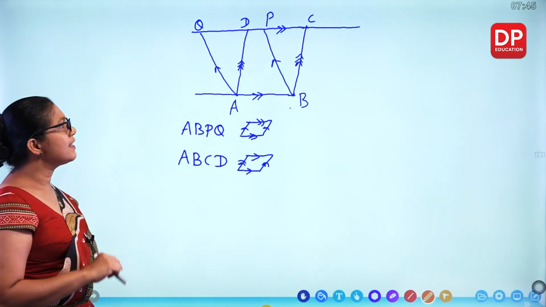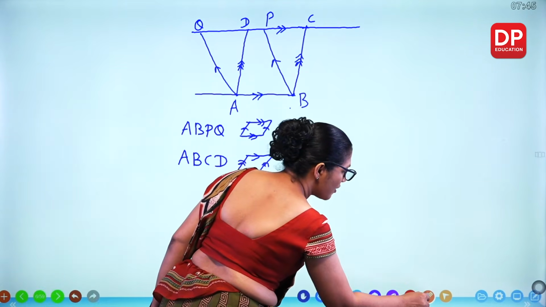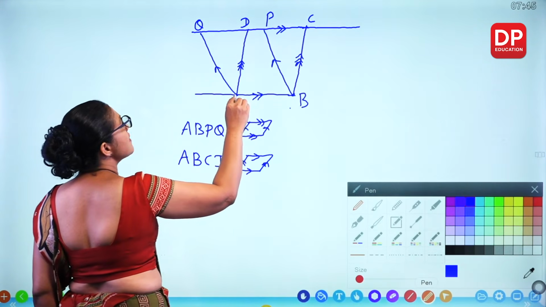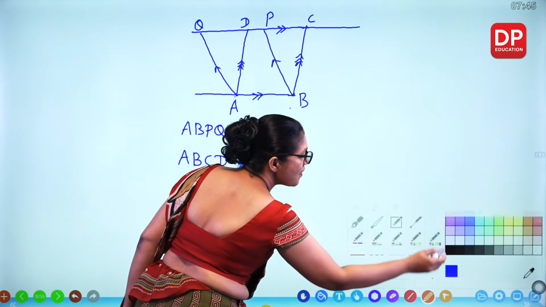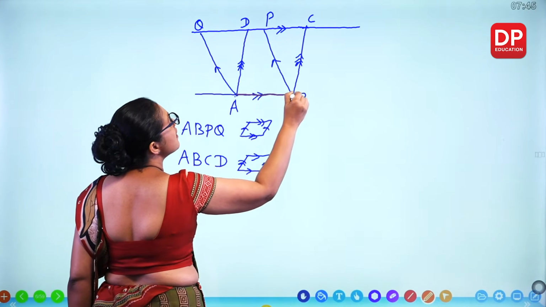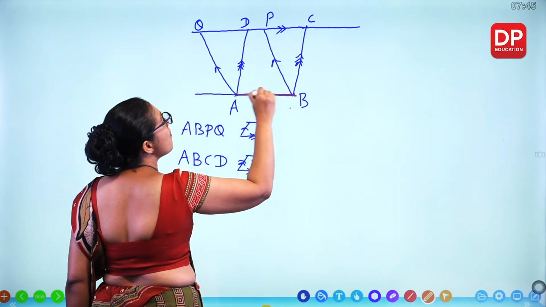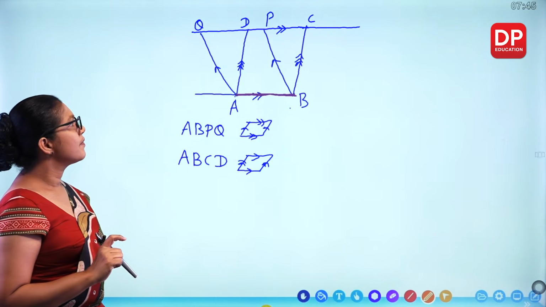And what's the important thing we see? Both parallelograms have the same base. So I'll draw in another color. When you take this and this both, this is a common base.